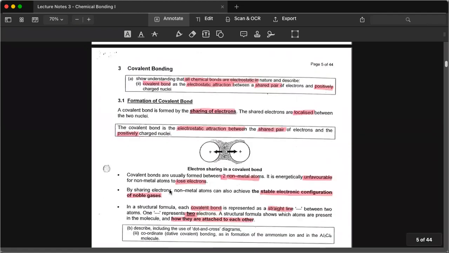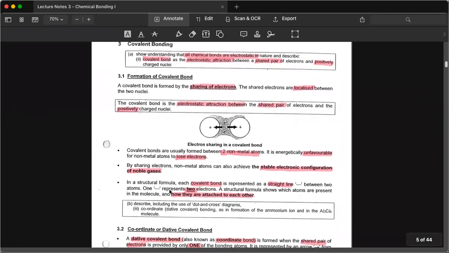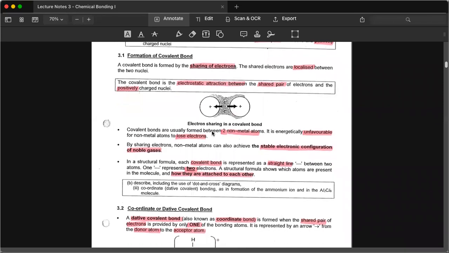Now, moving on to covalent bond. Covalent bond involves the sharing of electrons, where the electrons shared are localized between the two nuclei. The covalent bond is the electrostatic attraction between the shared pair of electrons and the positively charged nuclei, shown in the diagram. Covalent bonds are usually formed between two non-metal atoms.